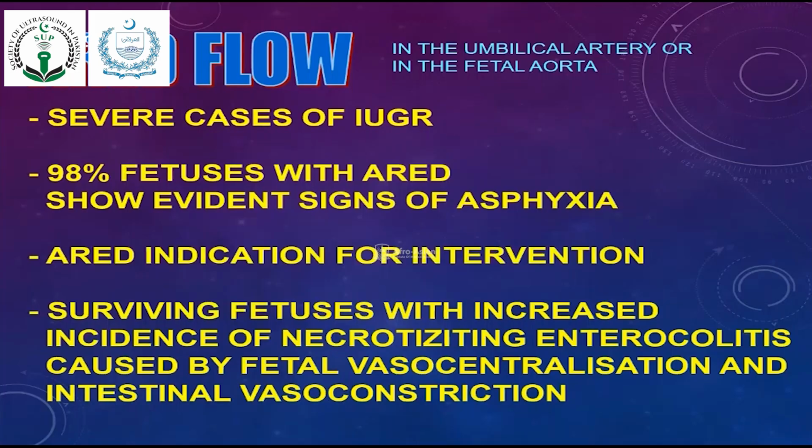Absent or reversed end diastolic flow (ARED) in these two vessels is an indication for intervention. Surviving fetuses have an increased incidence of necrotizing enterocolitis caused by fetal vasocentralization and intestinal vasoconstriction.